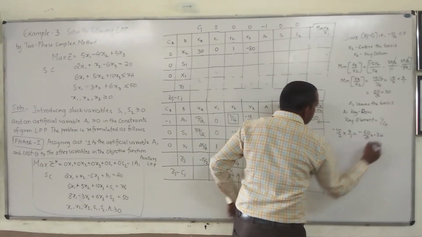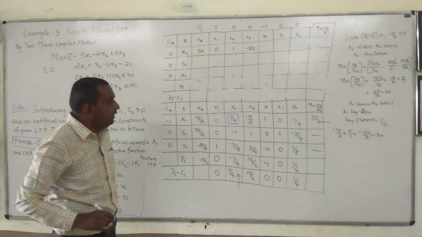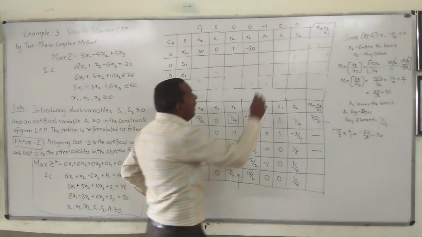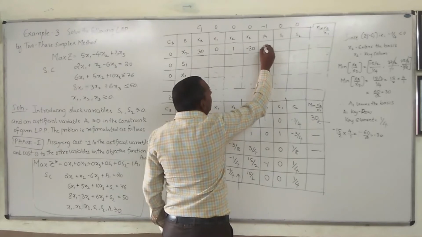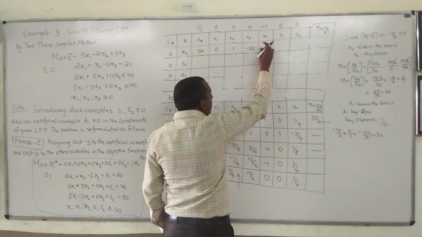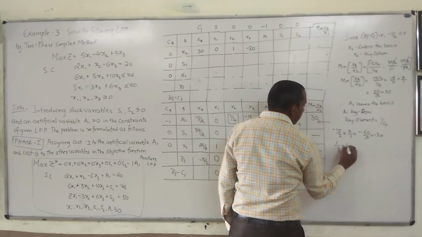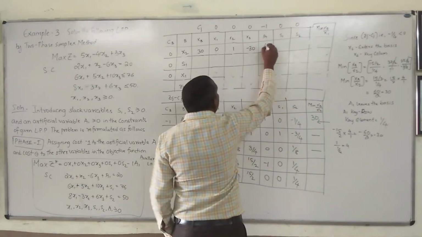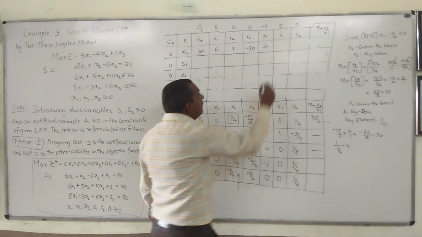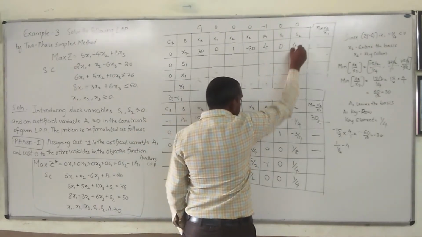The answer is 30. That's why I have written 30 there. Then it is 1/4 divided by 4, that is, I think, 4. So I will write 4 here. Fine. This is 0. This is also 4.